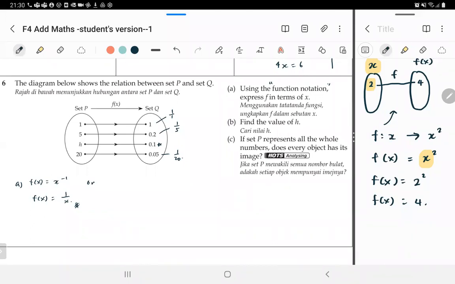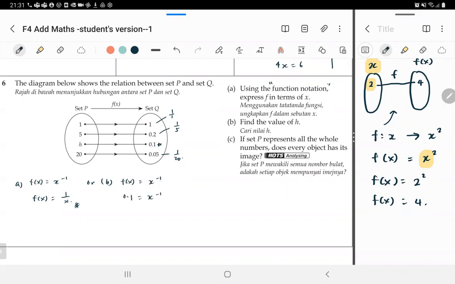So what will be the value for h? Yeah, correct, 10.